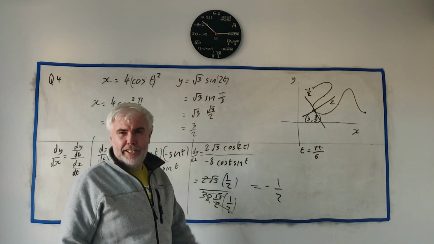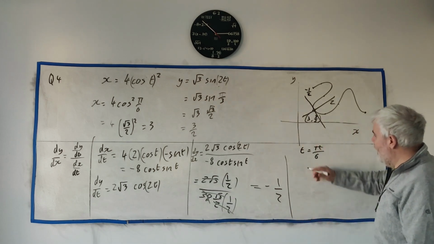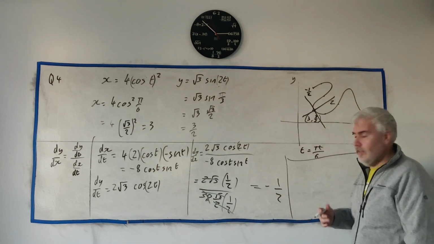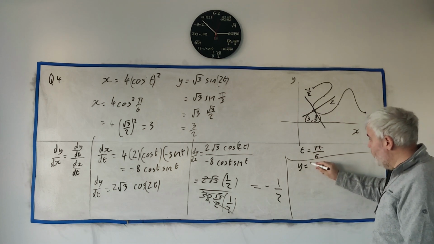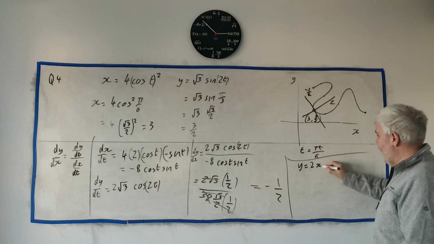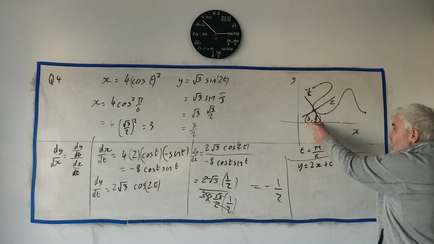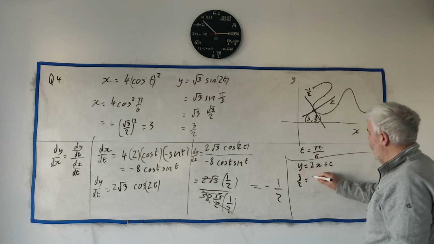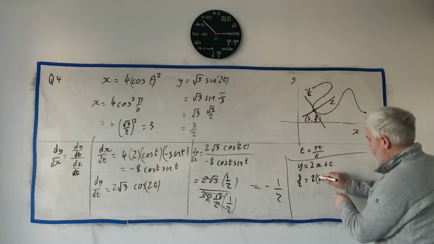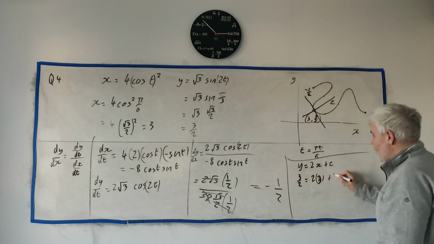So now we just need to find the equation of that line. Hopefully I can squeeze it in down here. When I find the equation of a line, my favorite method is just to do y is equal to slope, which is 2, times x plus some unknown c. Let's find out what c is, because I know a point on the line. So 3 over 2 is equal to 2 times 2, I'm just putting in the x and the y values, plus c.